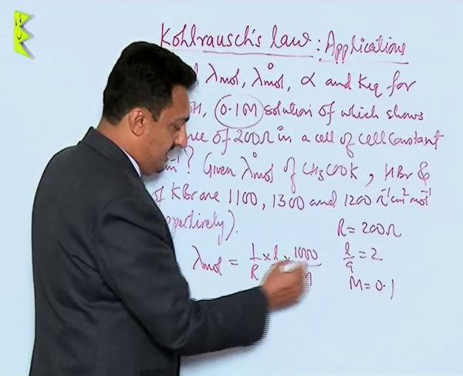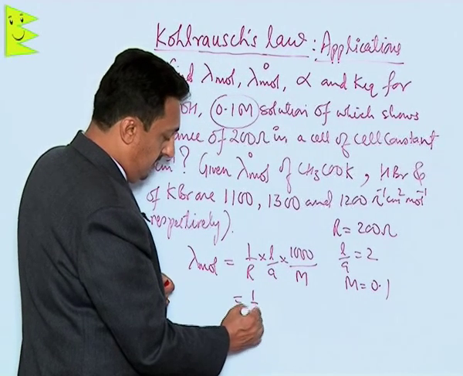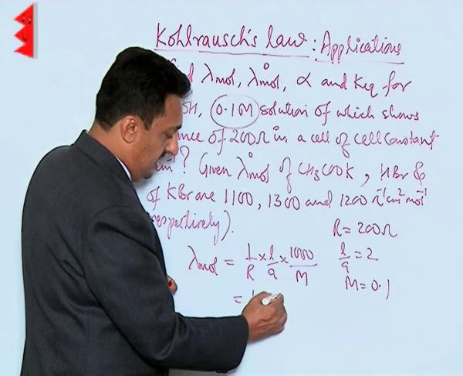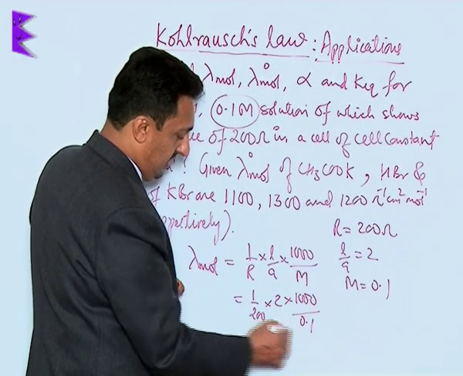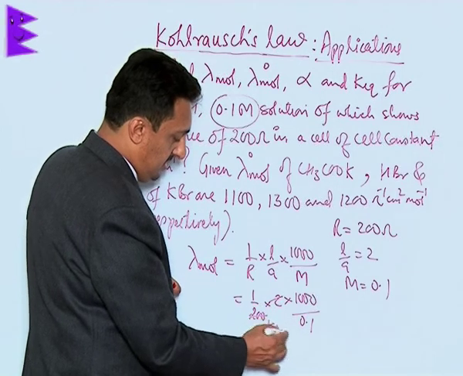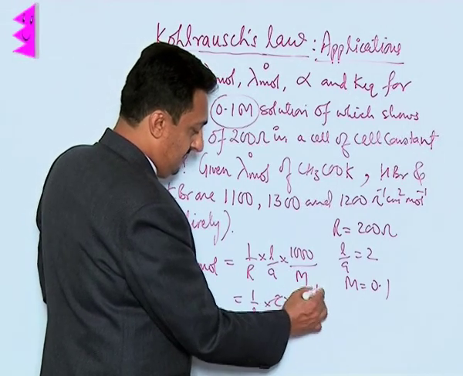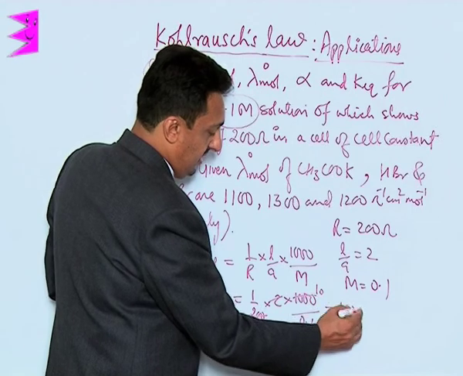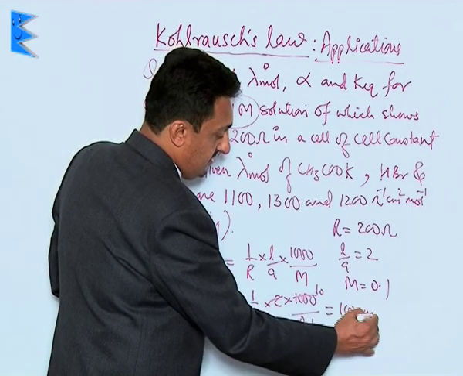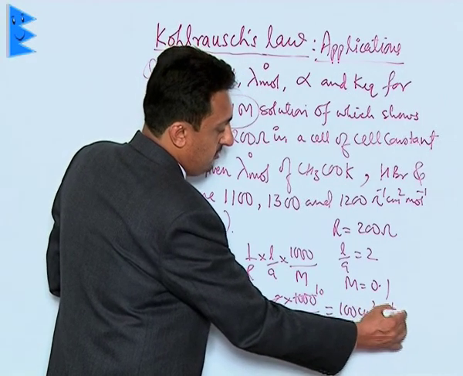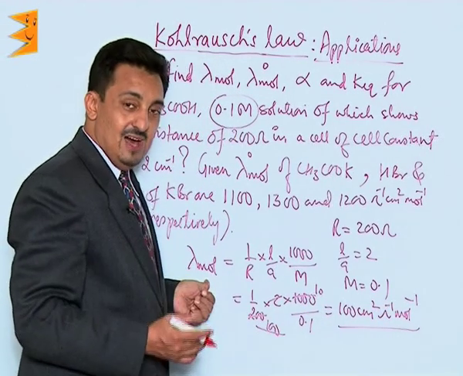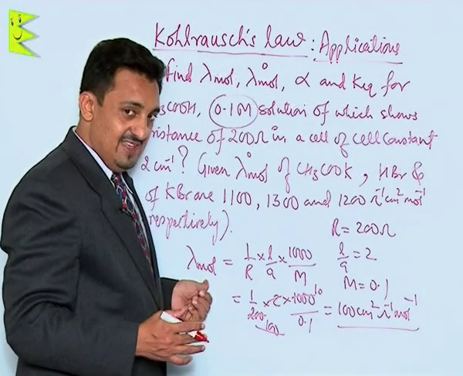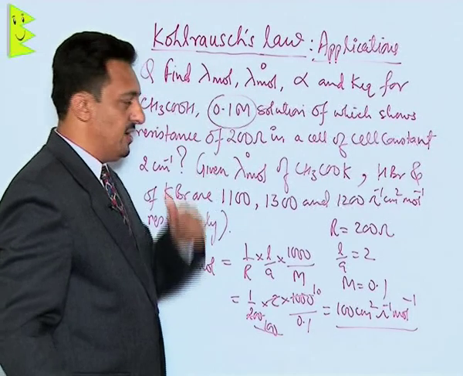Let us put all these values here. So, it will be 1 by 200 into 2 into 1000 by 0.1. So, it will be 100 and it will be 10. So, it is again 100. So, it is 100 centimeter square ohms inverse per mole inverse. This is the molar conductivity we have at a concentration of 0.1 molar.